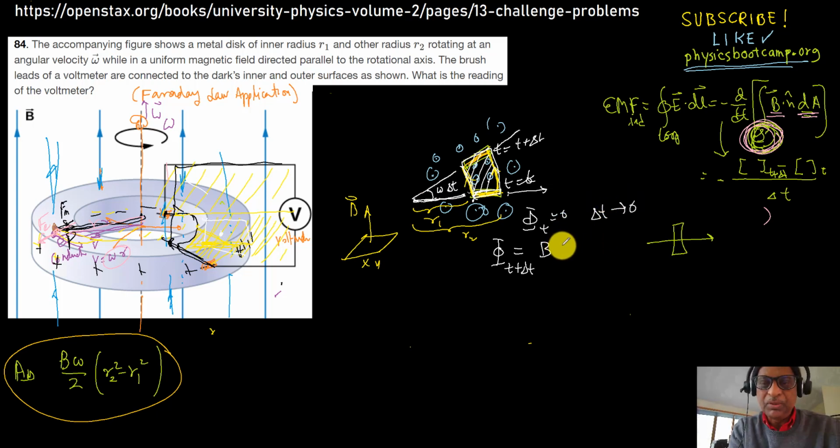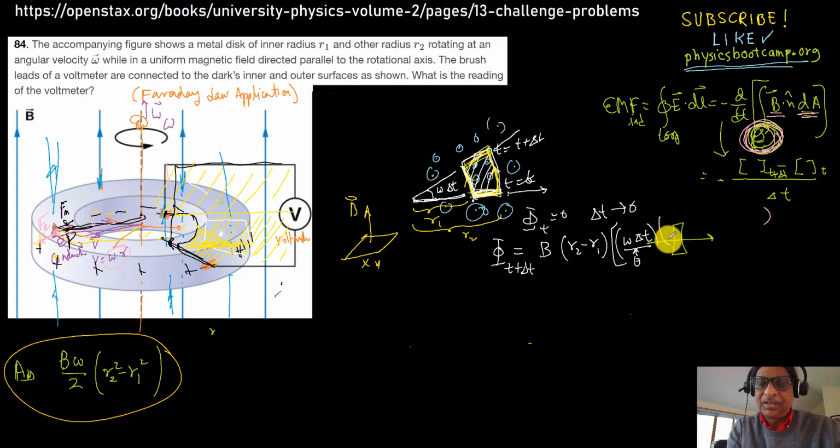So B, if you look at this side, it is r2 minus r1, and this side will be omega, r theta, right? So it will be omega delta t. That's the theta part.